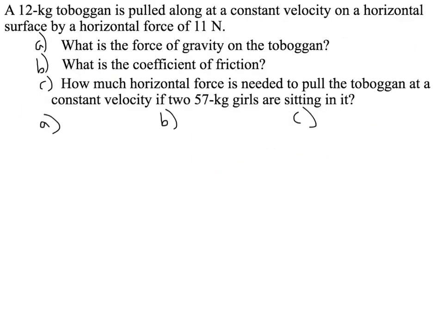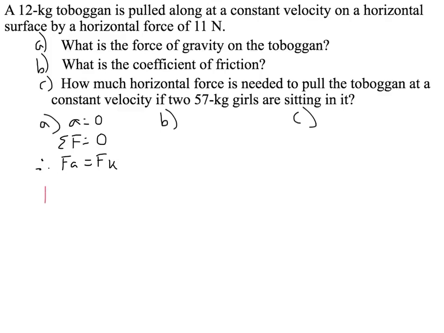A 12 kilogram toboggan is pulled along at a constant velocity on a horizontal surface by a horizontal force of 11 newtons. Okay, since we know velocity is constant, we know that a equals 0, therefore the sum of the forces equals 0. We could say therefore F applied is going to equal Fk. That's just what we know from the given question. Now A says, what is the force of gravity on the toboggan?